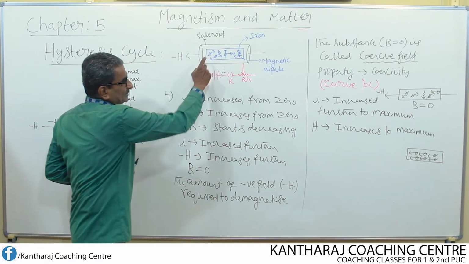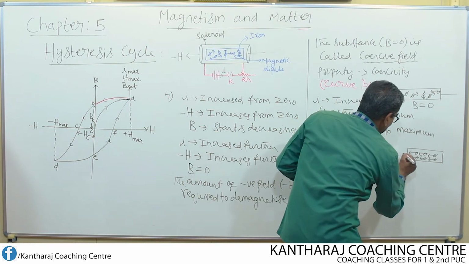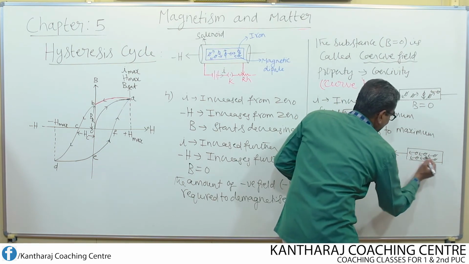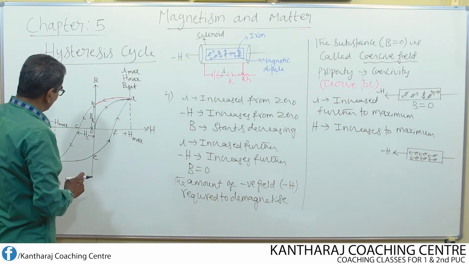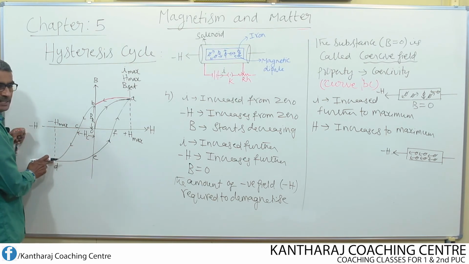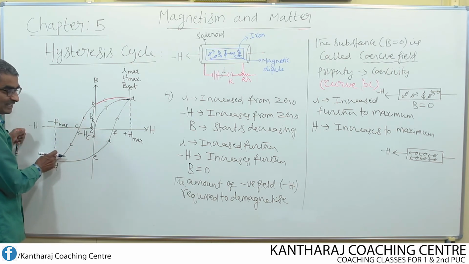The substance once again slowly goes on magnetizing in the direction of negative field, that means in the direction of minus H. Then it goes on increasing. Finally, it gets saturated even though H is increased further.